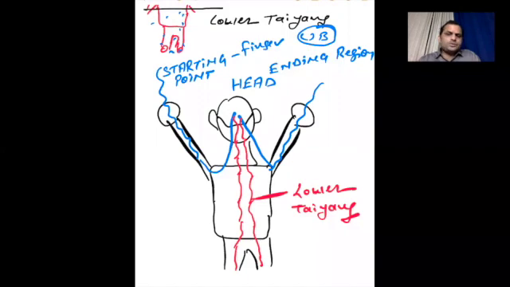Then I ask you, tell me, where is upper Tai Yang starting? Your answer will be fingers. Okay, where is upper Tai Yang ending? The answer will be, it will end in the head region. As soon as upper Tai Yang ends, lower Tai Yang starts.